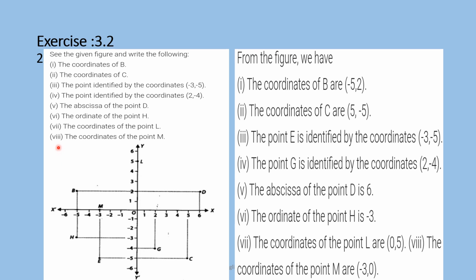Question number 8, the coordinate of the point M. Locate the point M. It is on the x-axis, so its y coordinate will be 0. M is on the point minus 3. Therefore, the coordinates of M are minus 3, 0.